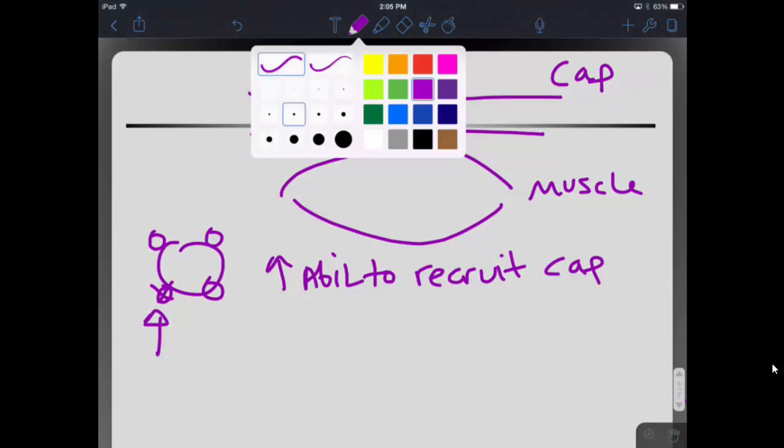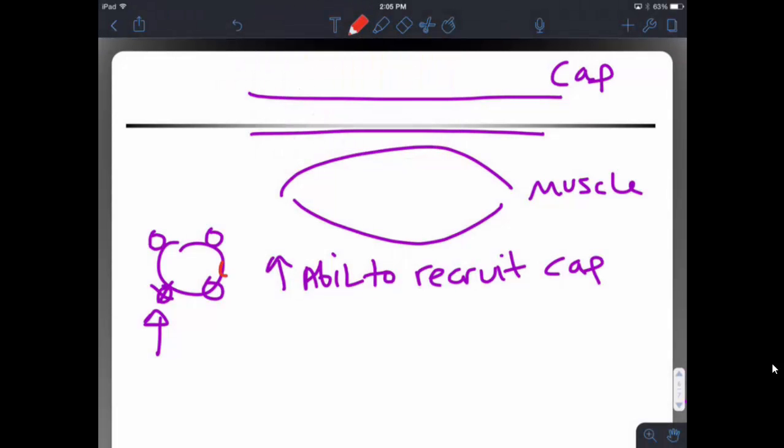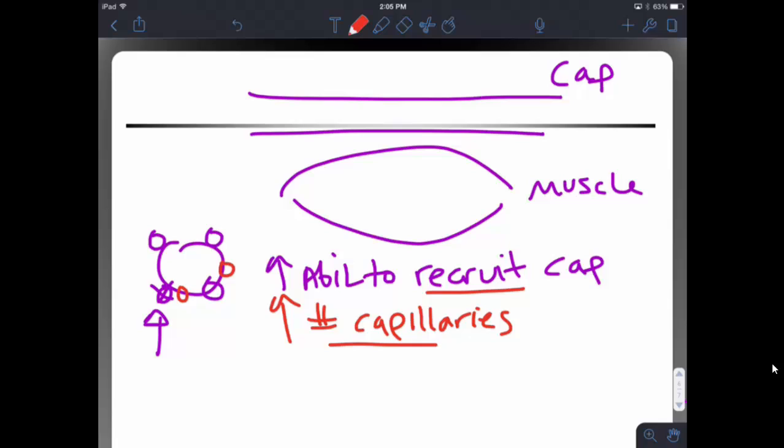In addition, we see the formation of more capillaries. By recruiting more and by having more, we have more diffusion area.